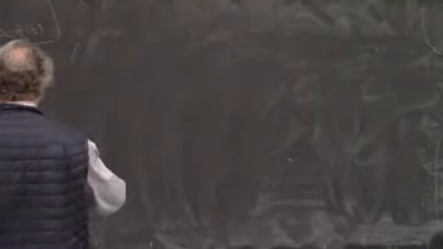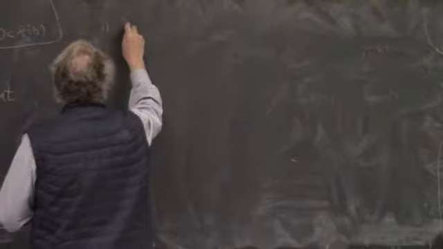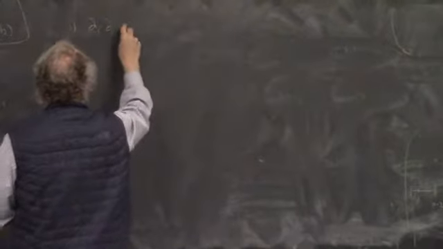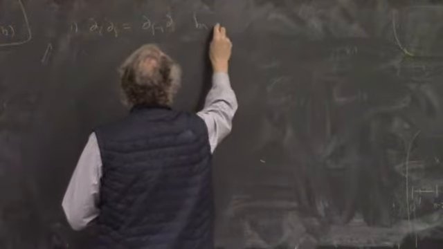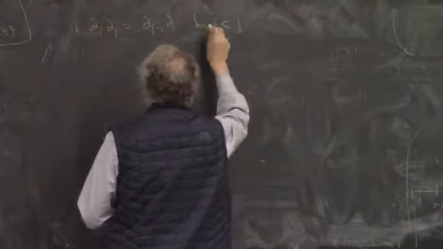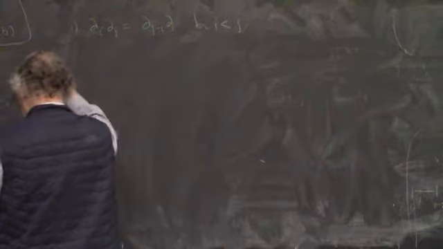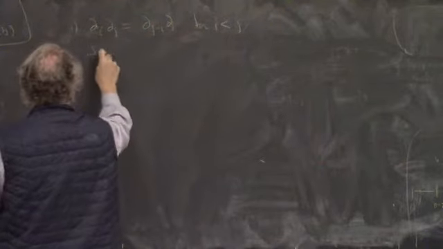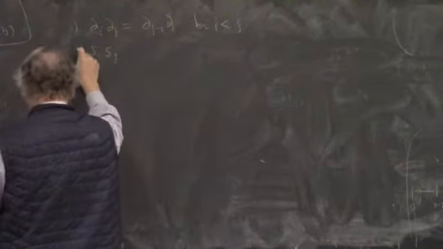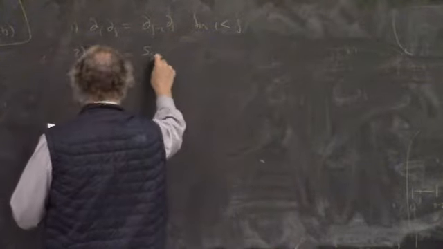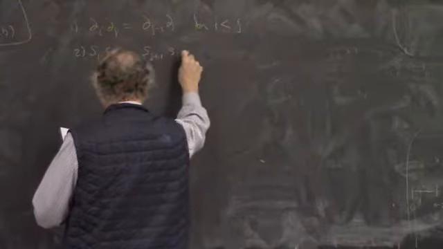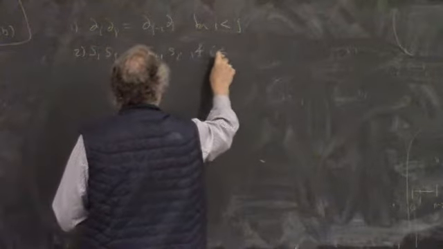All right, so here are the rules. I just did this one: delta i, delta j is delta j minus 1, delta i, for i less than j. There's a similar one for the degeneracies: s i, s j equals s j plus 1, s i, if i is less than or equal to j.